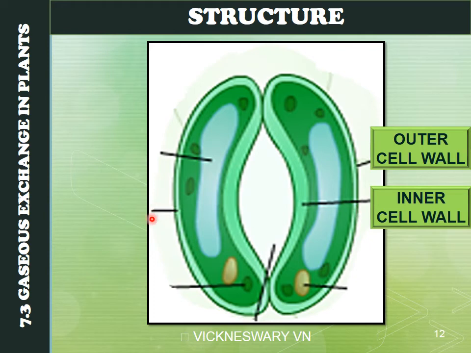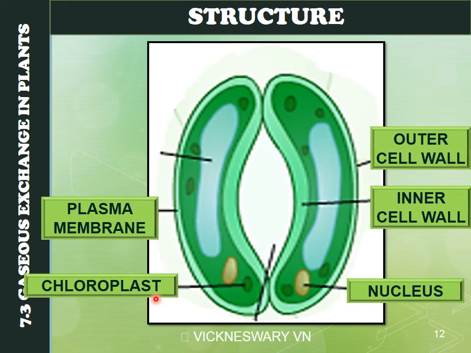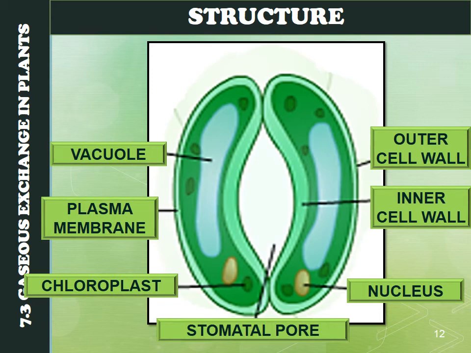Then you have the plasma membrane surrounding the cytoplasm, which contains both the nucleus as well as the chloroplast. There is also a central vacuole which can control the osmotic pressure of the cell, and depending on whether the cell is turgid or flaccid, we find that a stomatal pore can form.